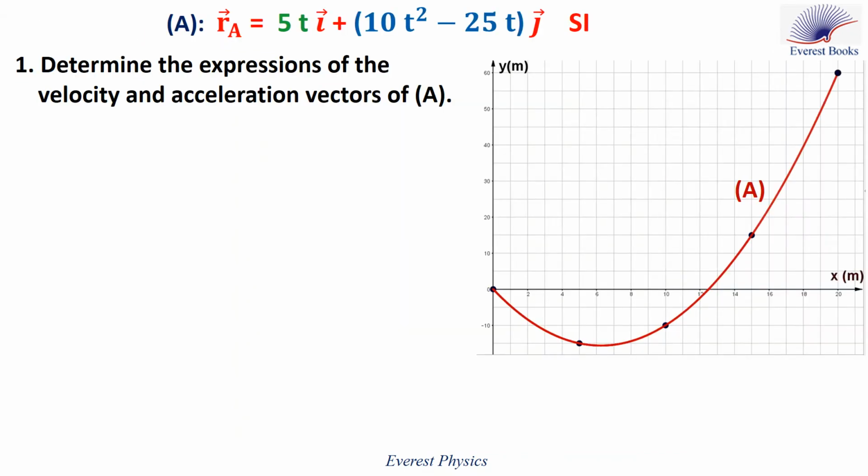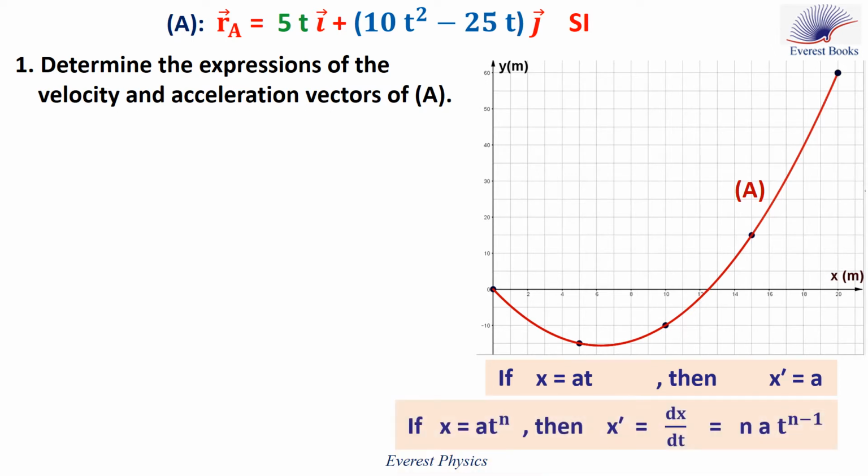Number 1. Determine the expressions of the velocity and acceleration vector of A. Given that if x equals at, where a is a constant, then the time derivative of x equals a. And if x equals at to the power n, where a and n are constants, then the time derivative of x equals n a t to the power n minus 1.